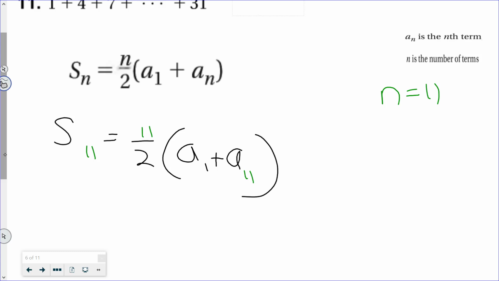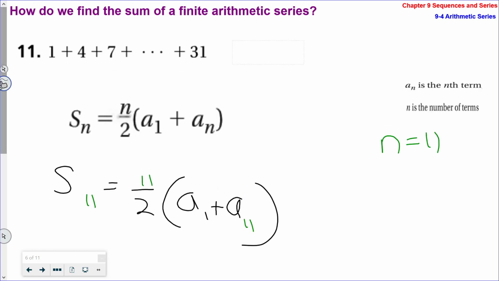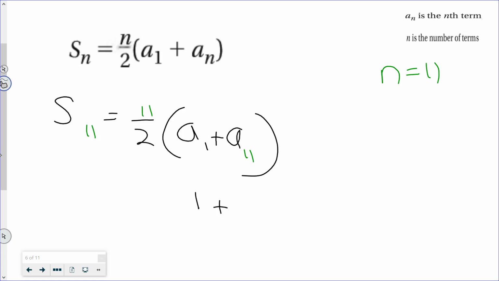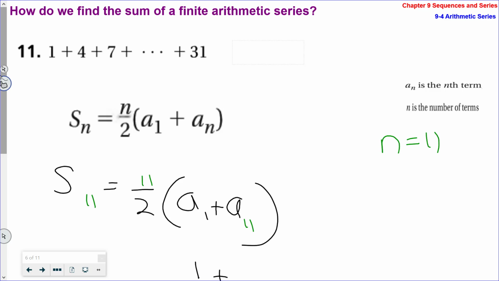A subscript 1 means the first term, and the first term is 1. A subscript 11 is the last term. The last term is 31.